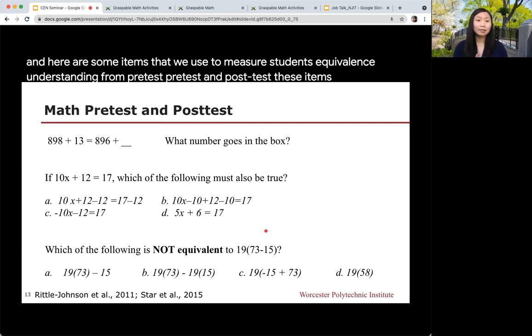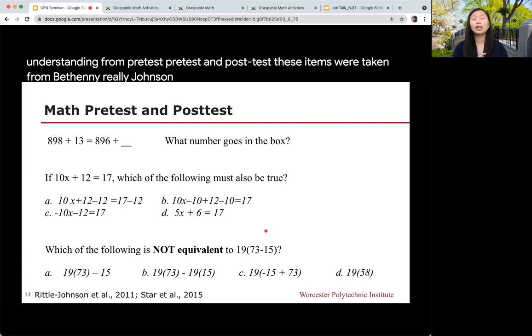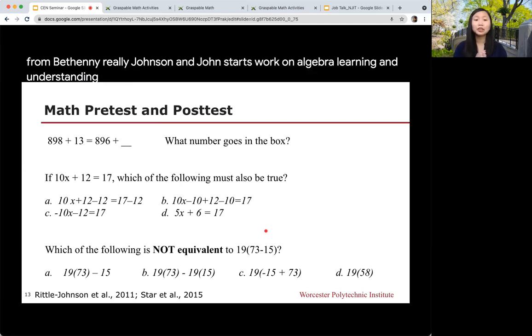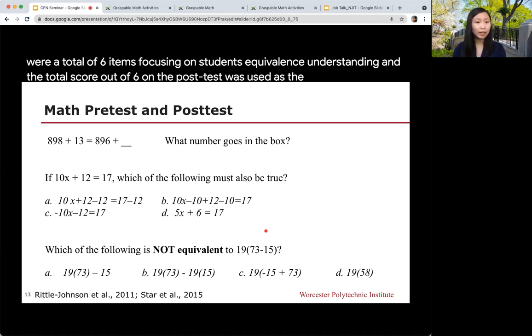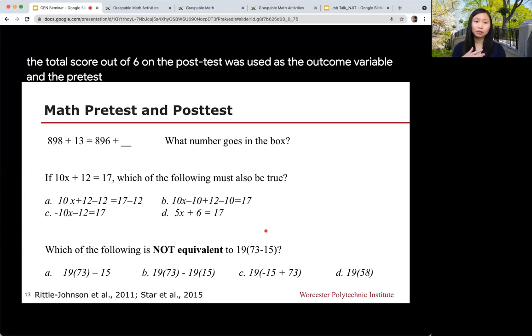These items were taken from Bethany Rittle-Johnson and Jon Star's work on algebra learning and understanding. Each item was scored as correct or incorrect, and there were a total of 6 items focusing on students' equivalence understanding. The total score out of 6 on the post-test was used as the outcome variable, and the pre-test was used as a covariate in the analysis.